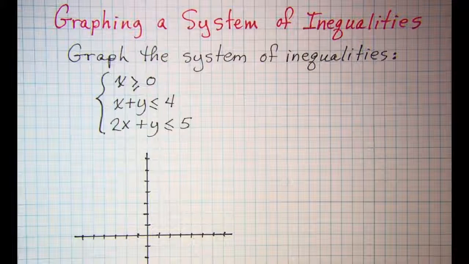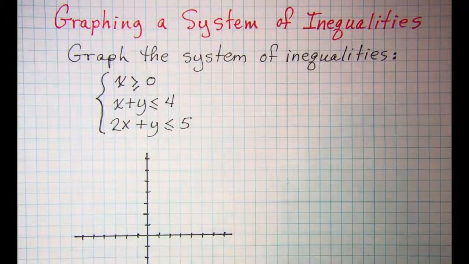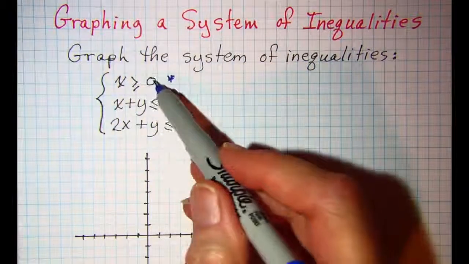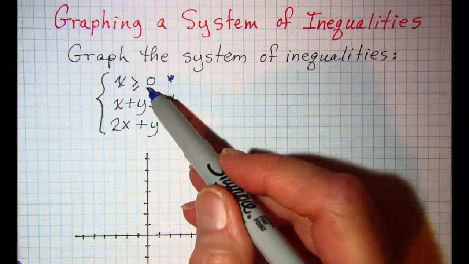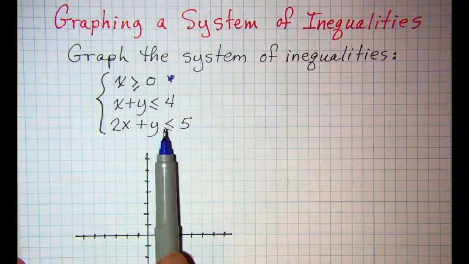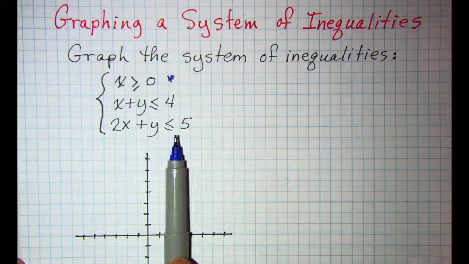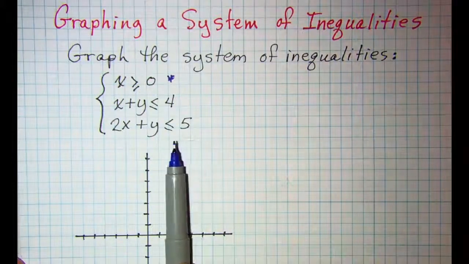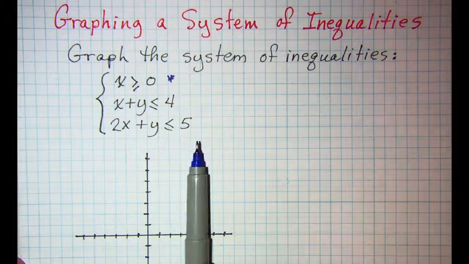Our first inequality, x is greater than or equal to 0, is all the points to the right of the vertical axis. So all points where my x coordinates would be positive.